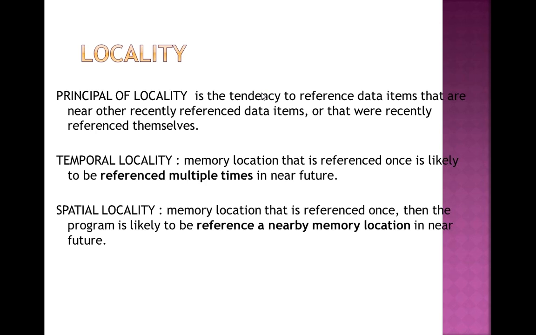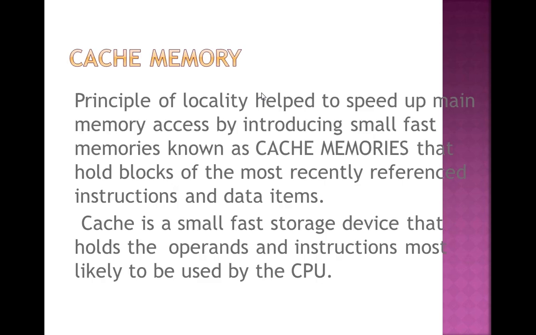And there are two types of locality in cache memory: temporal locality and spatial locality. In temporal locality, if a data item is referenced multiple times in the future, we call it temporal locality. And if the referenced data item is nearby in the memory location, that is known as spatial locality.